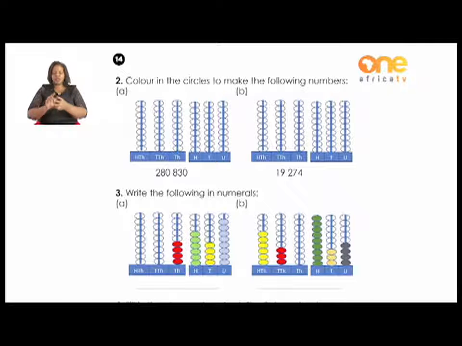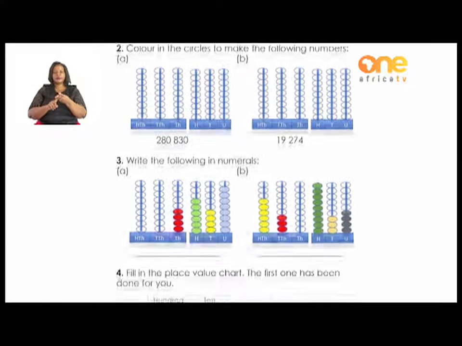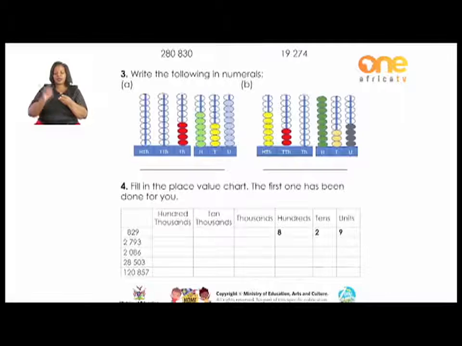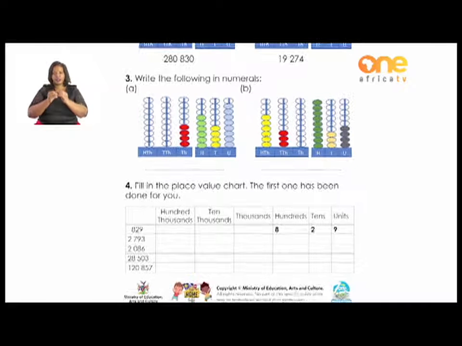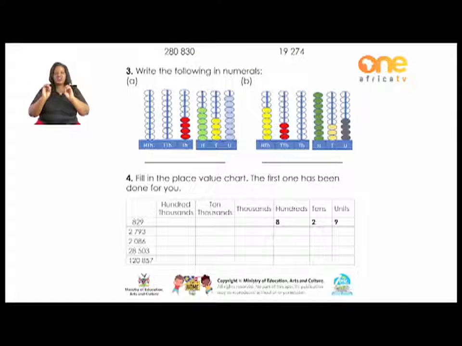Number 3, write the following in numerals. Here numbers are not written. All you have to do is, you can write them down below the place values, and then you have to write them nicely on the line.